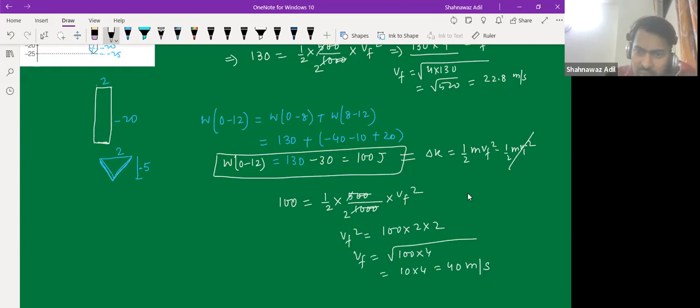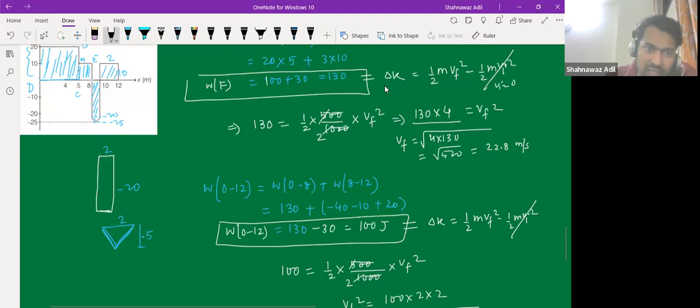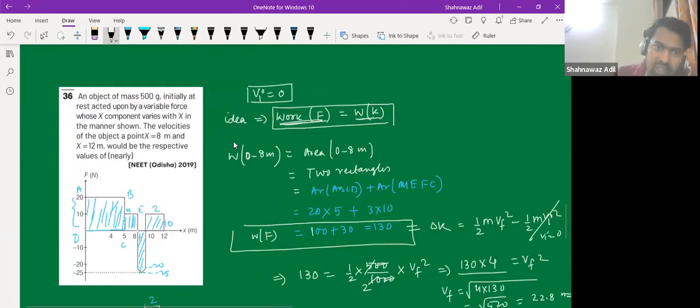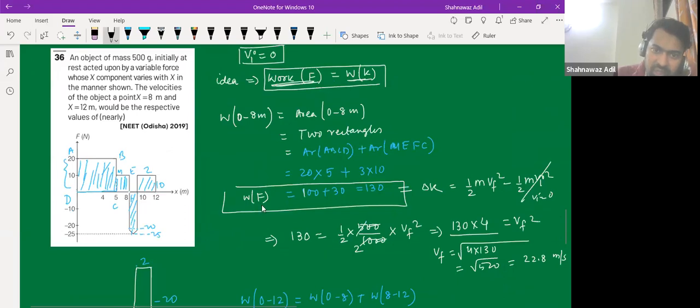So 20 meter per second. So these would be the velocities at these points. Is this clear, guys? So we have used the idea of force and the idea of kinetic energy, both these things applied together.